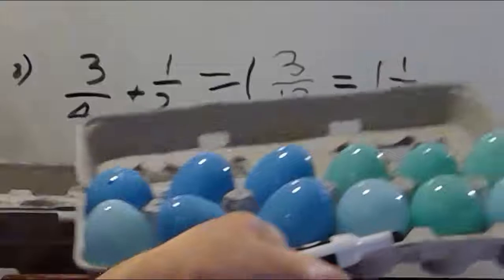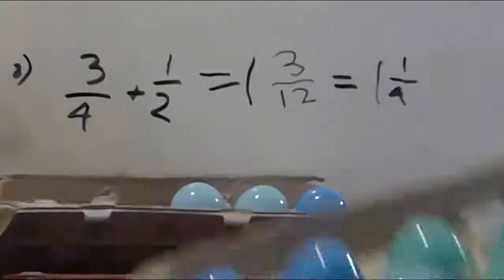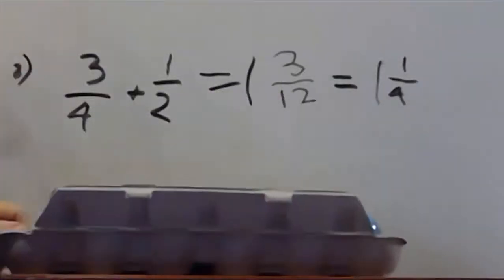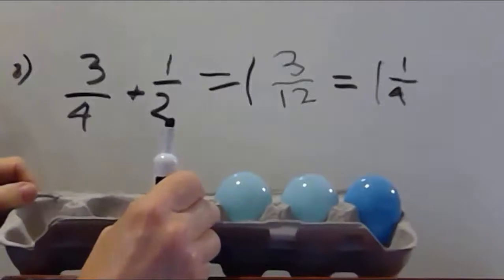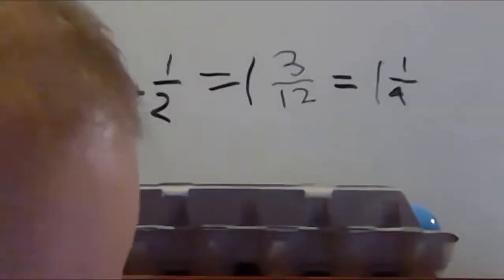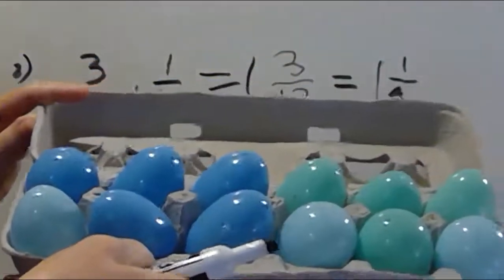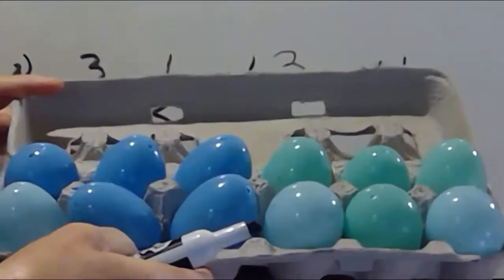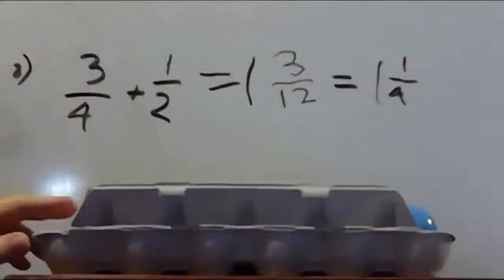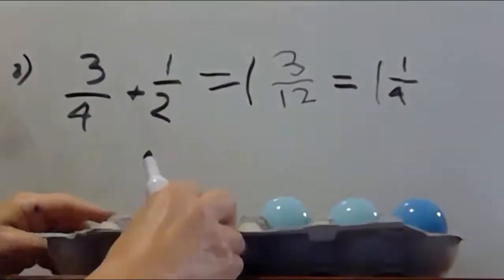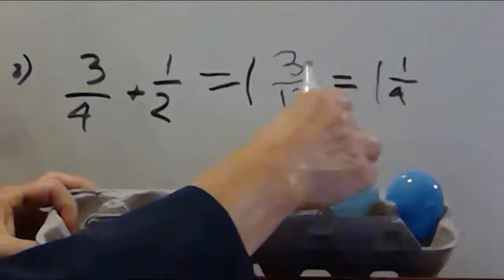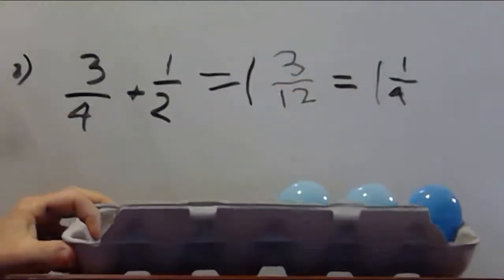So I have 1 whole egg carton filled, and only 1/4 of my second egg carton filled. So again, my first egg carton now is all filled with eggs, so I have a full dozen, and then my second egg carton is only 1/4 filled with eggs.